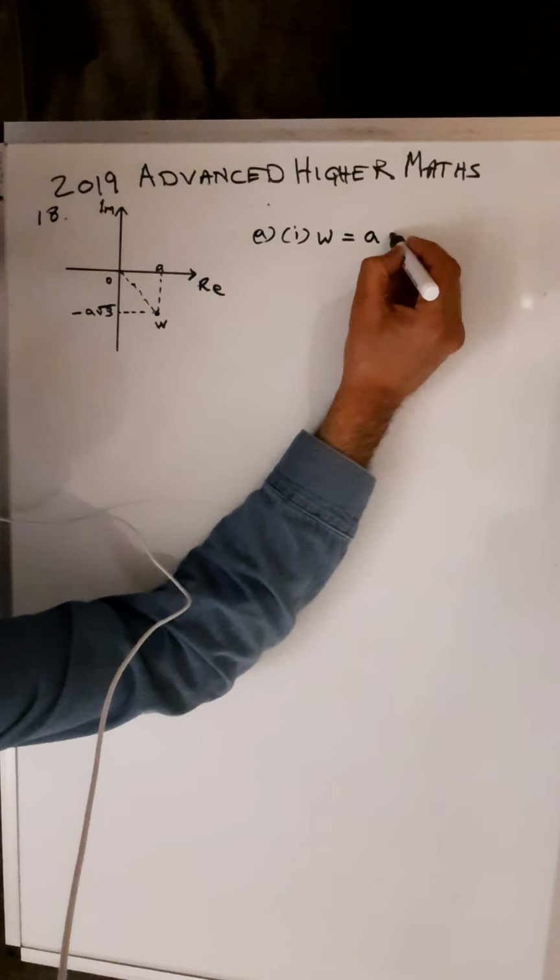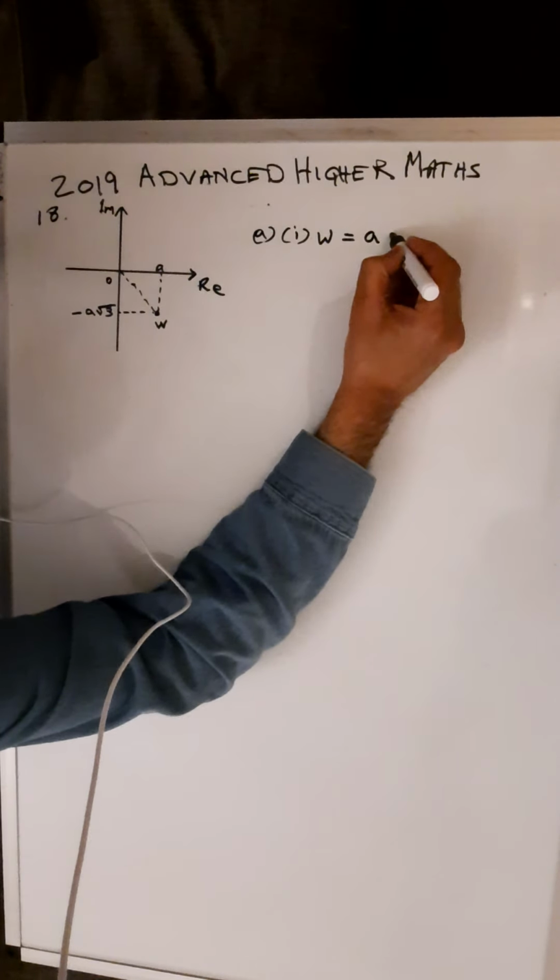So Z is equal to 2 times cos minus pi by 3. Now this n could be equal to 0, 1 or 2 because you've got the cube root. So there are 3 solutions to this.